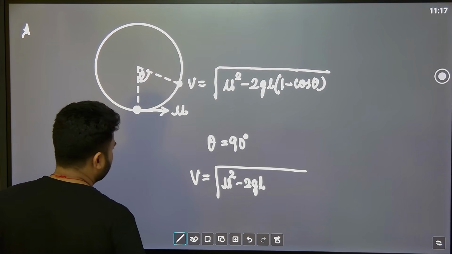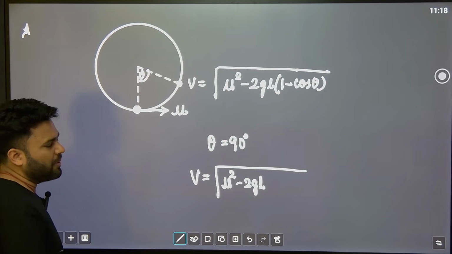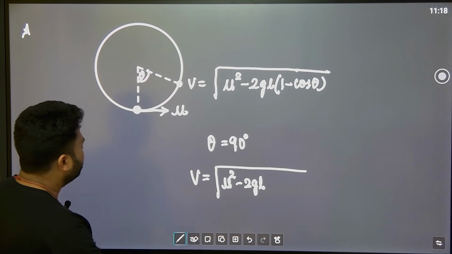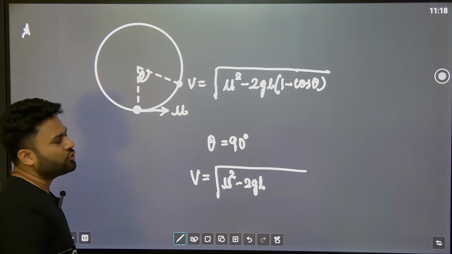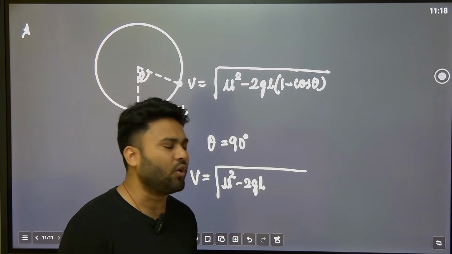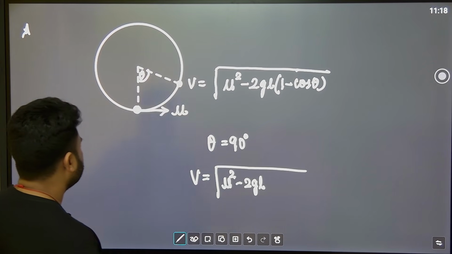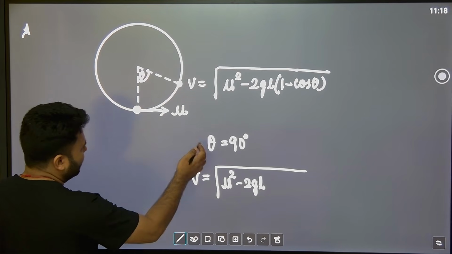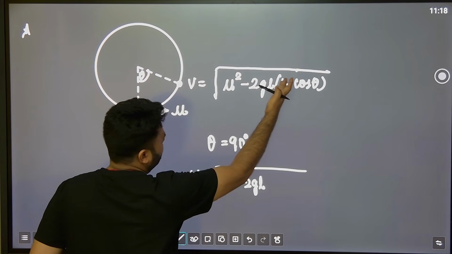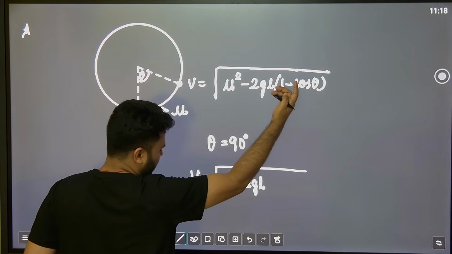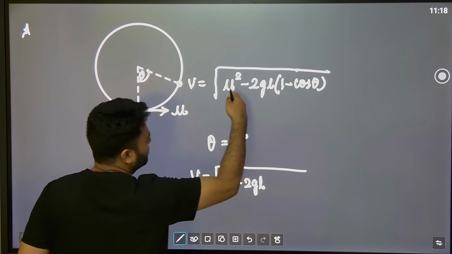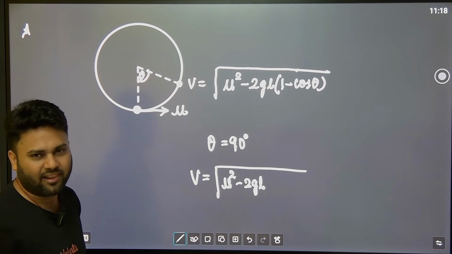Correct. So this you need to remember: the speed at any angle, v equals under root u square minus 2gl (1 minus cos theta). If theta is 90, cos 90 is 0, 1 minus 0 will be 1, so u square minus 2gl.